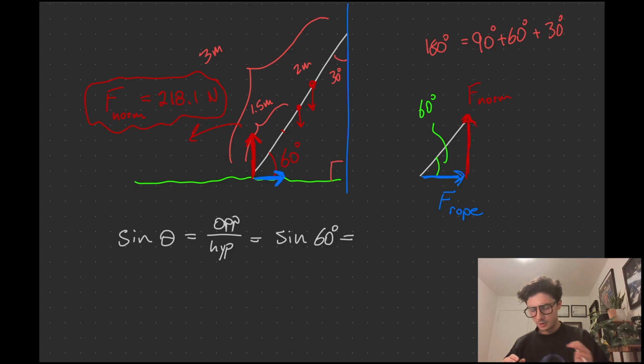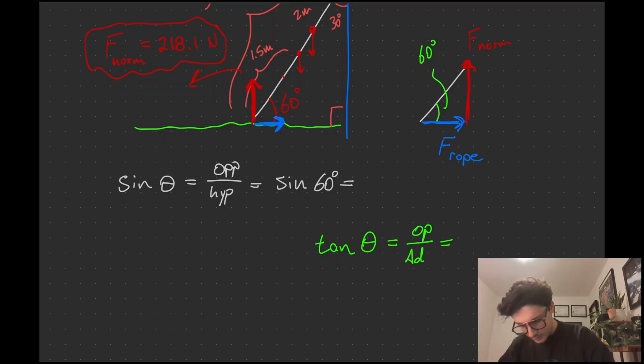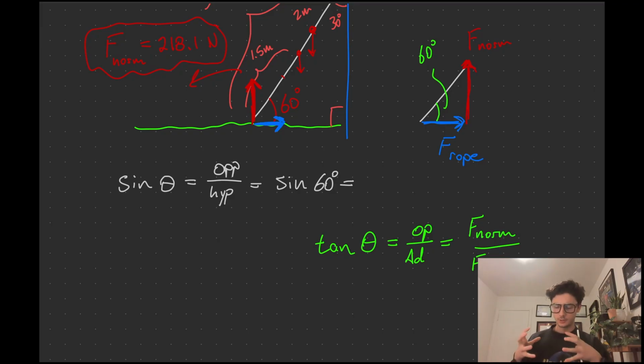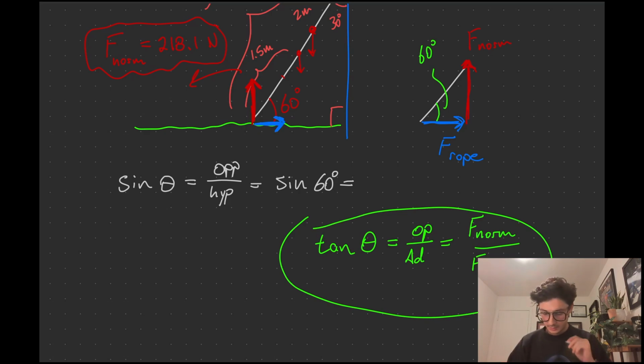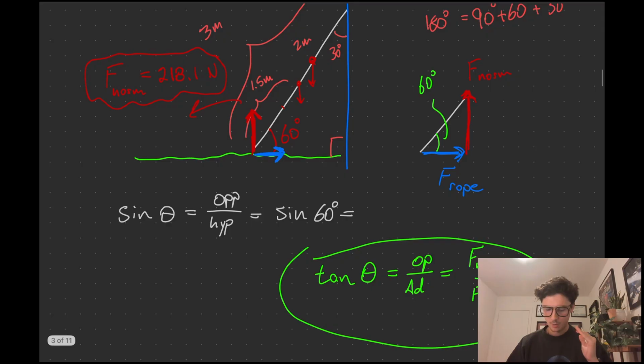Cosine is SOHCAHTOA, opposite over adjacent. We need tangent here. We have tangent of theta is equal to opposite over adjacent, which in this case is going to be F norm over F rope. We have F norm and we're looking for F rope, and we have theta, and we can use tangent in our calculator. So this equation right here has only one unknown, and the single unknown is F of rope, which is what we're looking for. So this is a way of doing this problem.